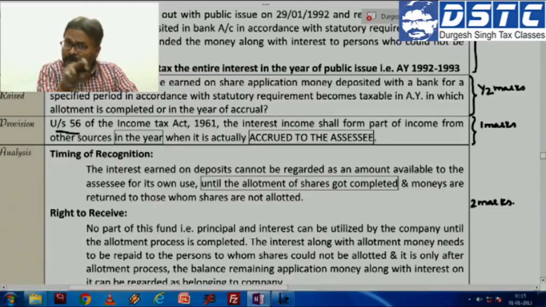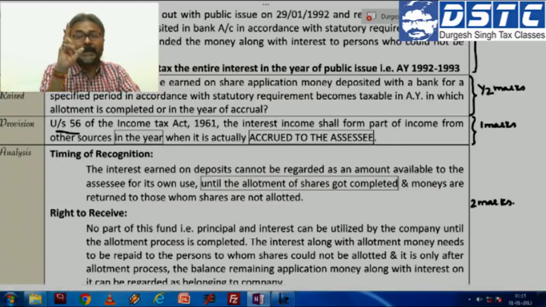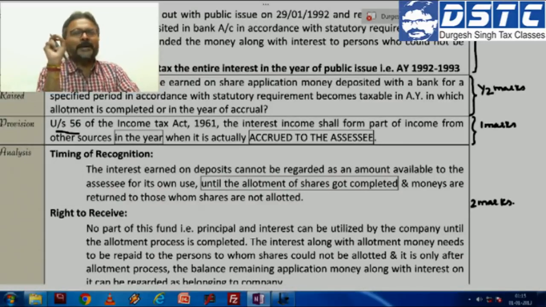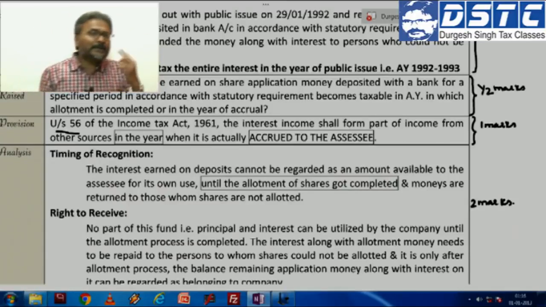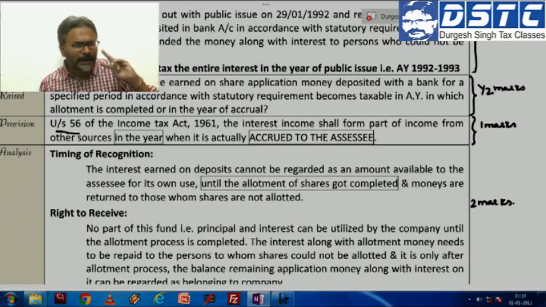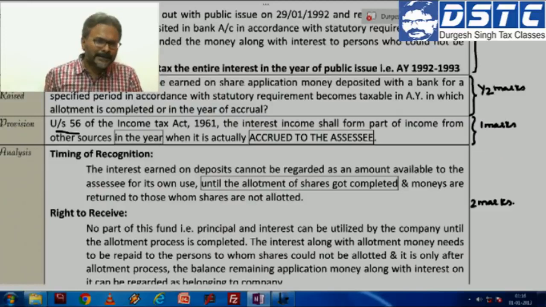They will write the same particular provision even just by reading it once. It may not be a big challenge. So in some of the case law, the provision may be a challenge. So I will let you know that, okay, keep your emphasis on that particular provision. In some of the case law, the analysis would be a challenging factor. So either of the two, either it is the provision or it may be the analysis.